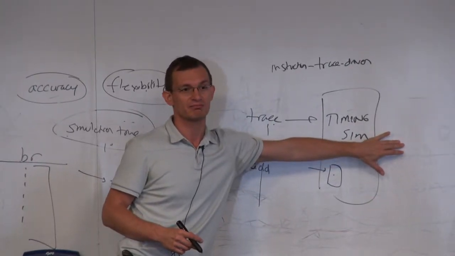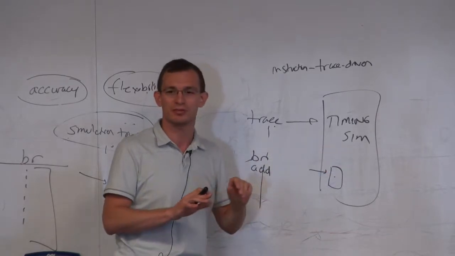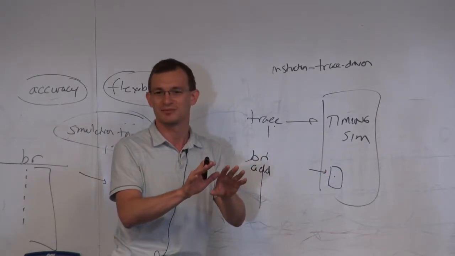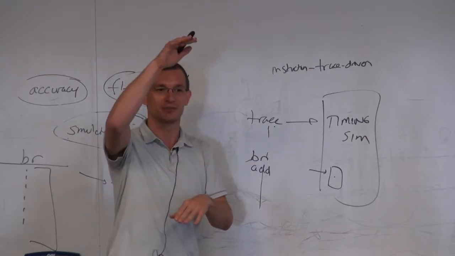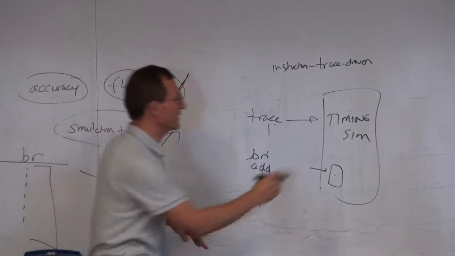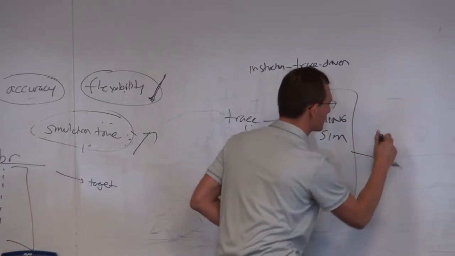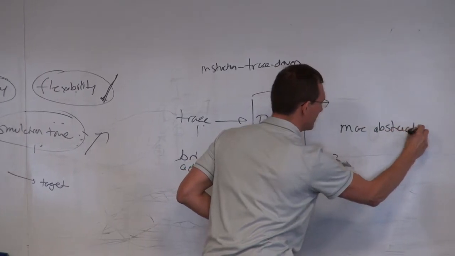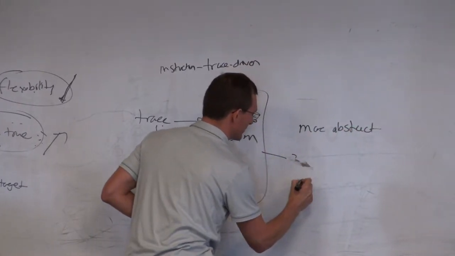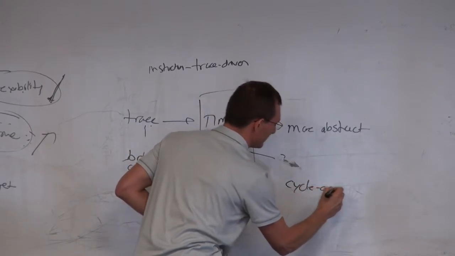Or you can say, I don't care about the pipeline registers. I just say, when I get this load, it just takes 3 cycles to actually access the cache, right? That's a higher level, more abstract model. Now that 3-cycle model is a more abstract model, versus a much more accurate, cycle accurate model.